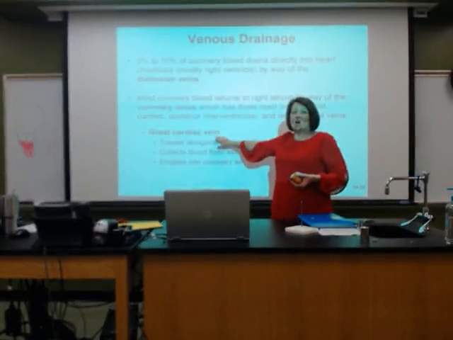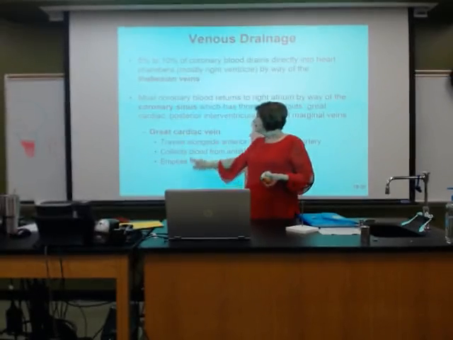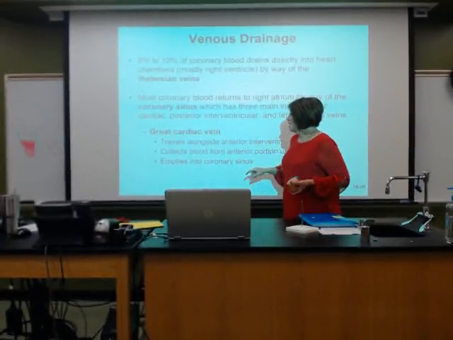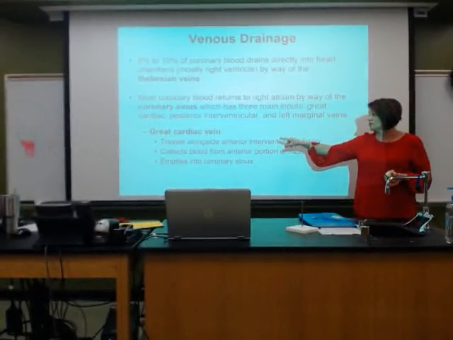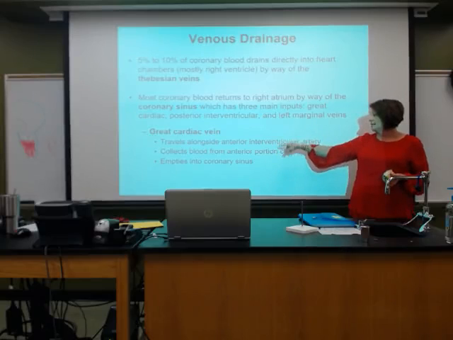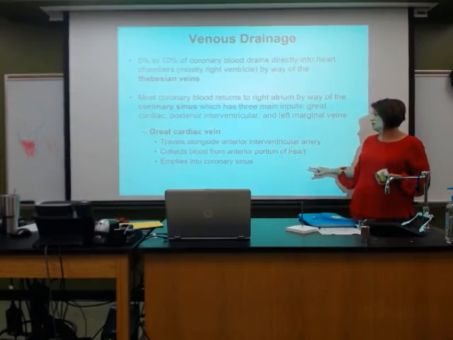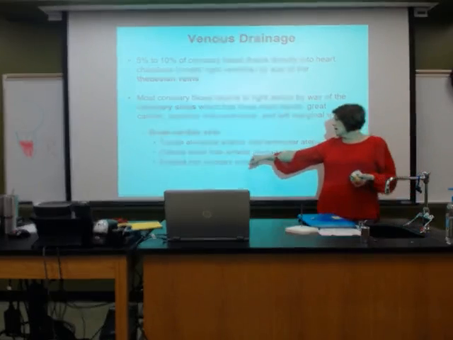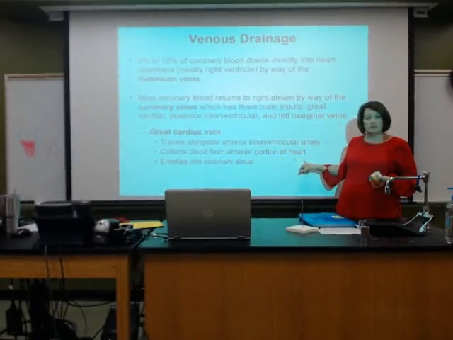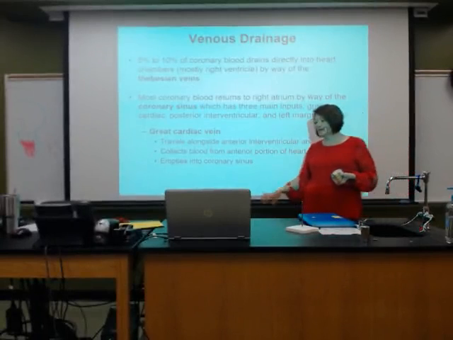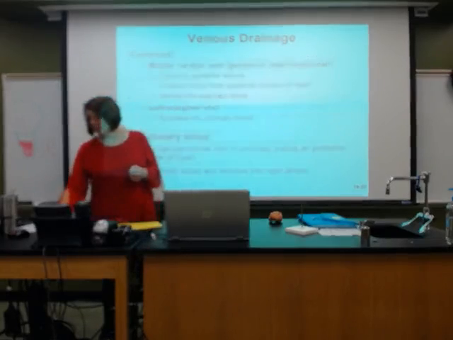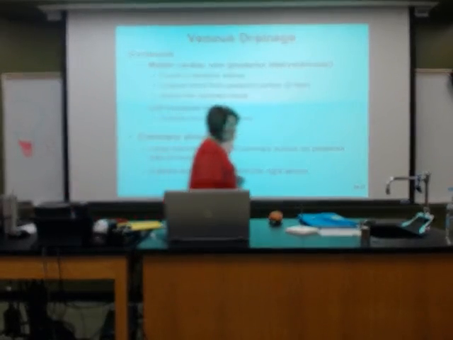We have what's called the great cardiac vein. It travels along the anterior interventricular artery, collecting blood from different parts of the heart, and that is going to empty into this coronary sinus.